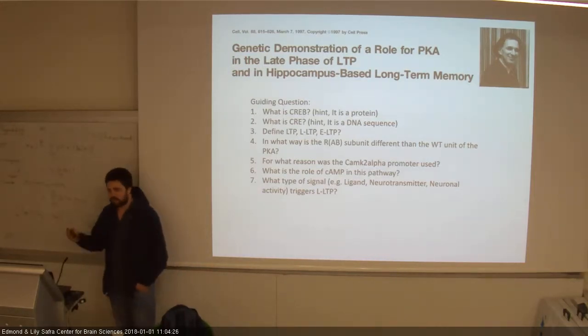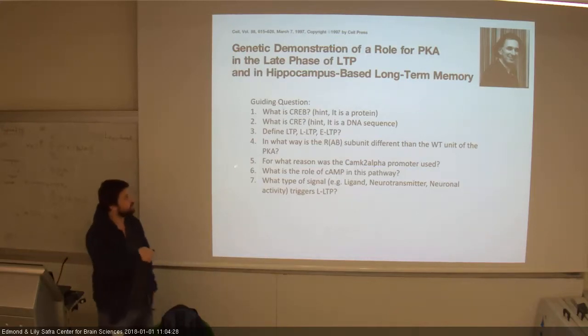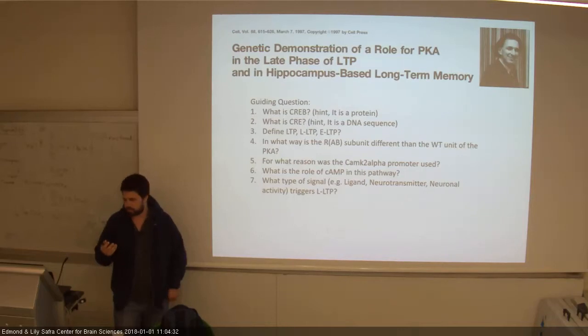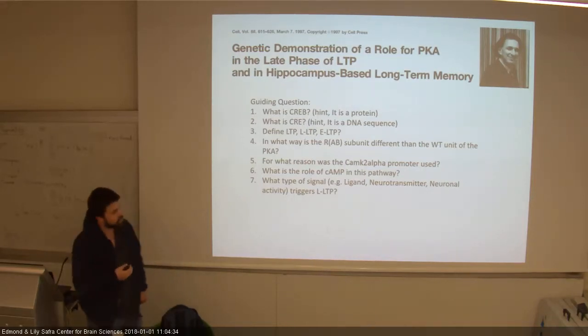If you have this sequence sitting in the promoter of your gene, there's a high probability that this gene will be regulated by neuronal activity in general. So this is one of the things that Kandel gave us. And I will not define E-LTP and L-LTP, because you could just read about it.